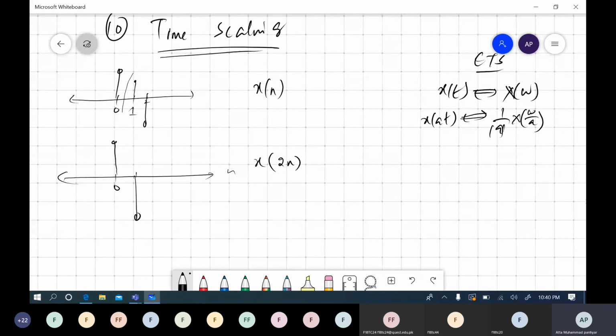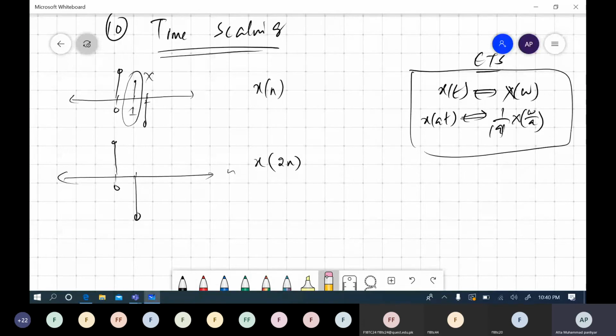So this particular information is lost, right? So we cannot do it directly like this, right? If we do compression or expansion in this style, then we may lose some of the necessary information which we don't want to lose, right? So we cannot do that.